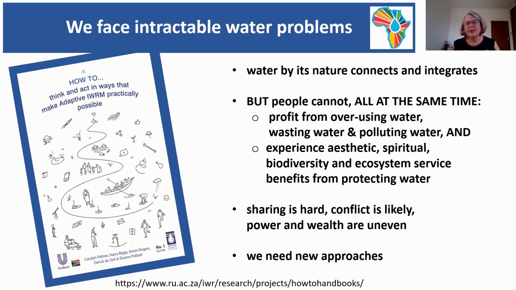The biodiversity is impacted if we overuse. And if biodiversity is impacted, then the ecosystem service benefits that we get from protecting water resources goes down. So we have to choose and we have to share, because there isn't enough for everyone to have exactly everything that they want. And sharing is hard.